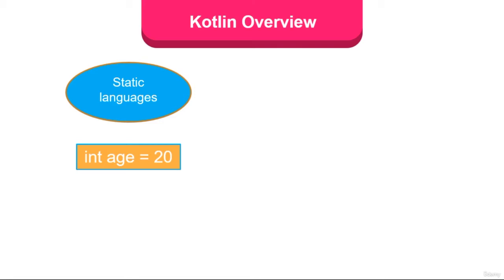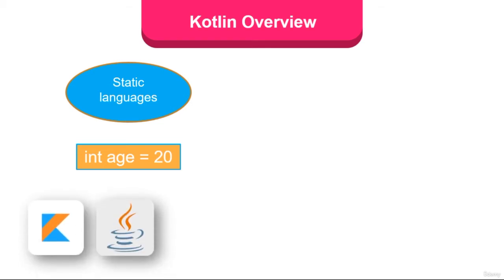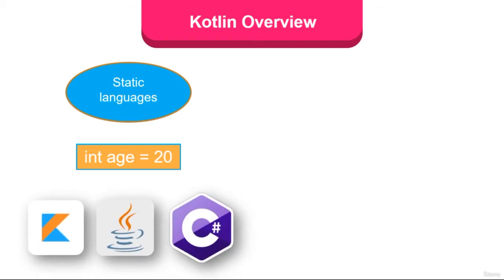Therefore, variable types are known even when the program isn't running yet. Okay, so all this means that while the program isn't running yet, if you've made a mistake, it'll warn you and wait for you to correct the mistake. Languages such as Kotlin, Java, C# can be given as examples of static programming languages.